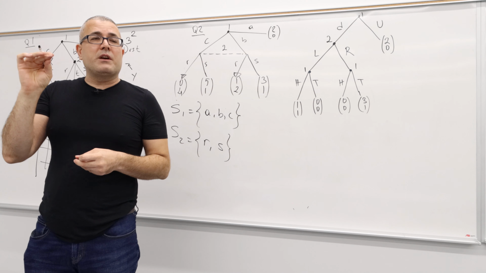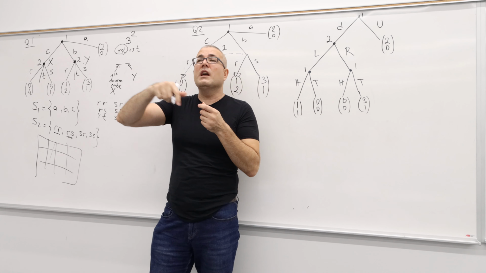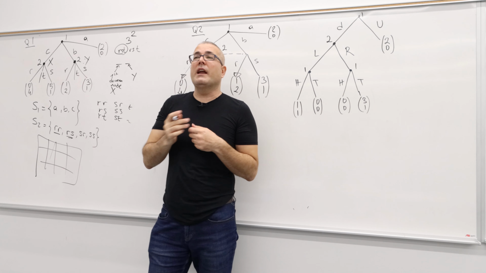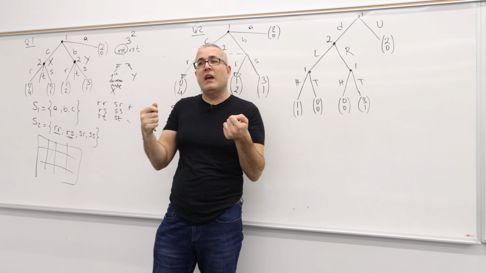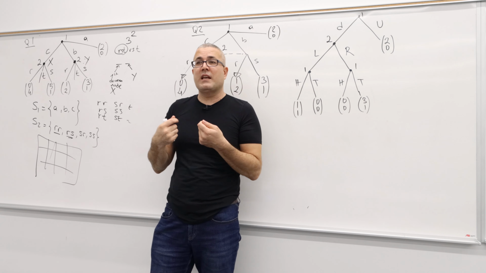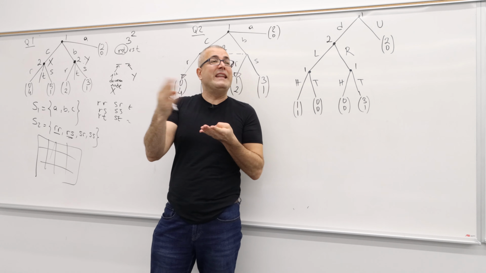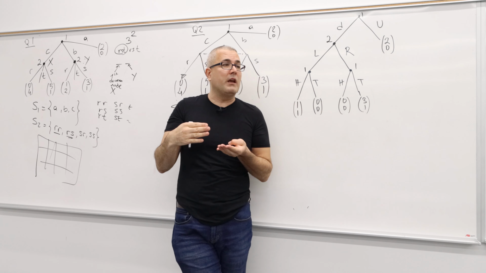Someone asked a very nice question: do the player's strategies condition on the other player's strategy? And I said, in a simultaneous move game, this can't happen because you can't observe the other player's strategies or actions. So therefore, strategies are independent in a simultaneous move game.